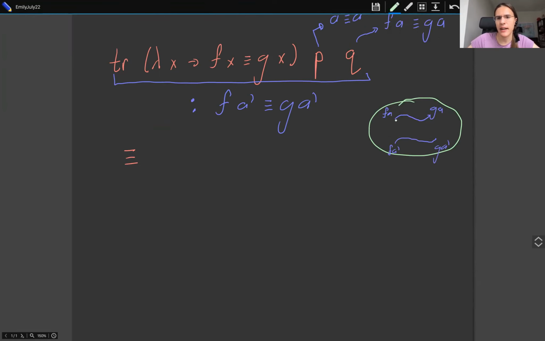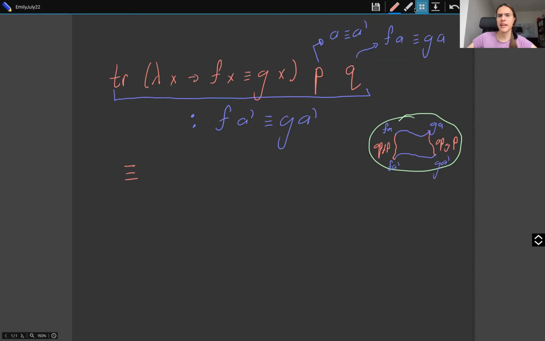The paths that connect these are app f p. And this path is app g of p. And so what is a term? Well, we actually don't have the second path.